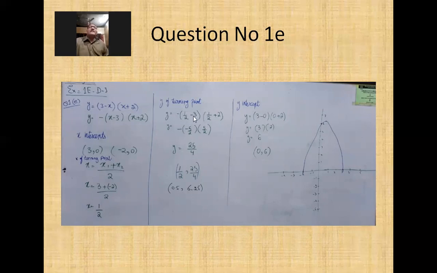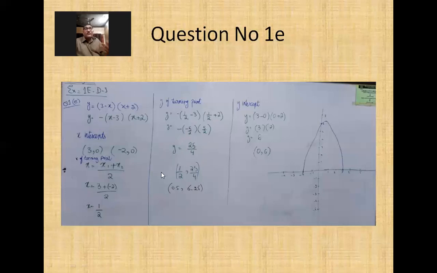So when you take the LCM, here we go, it should be, here I think we made a mistake, and 3, 4, 4 plus 1, 5, 5 by 2, and this, okay, it will be minus 6, minus 6 plus 1, it will be minus 5. There's no mistake, okay? So it will be plus 25 divided by 4. So the y of the turning point will be 25 by 4.